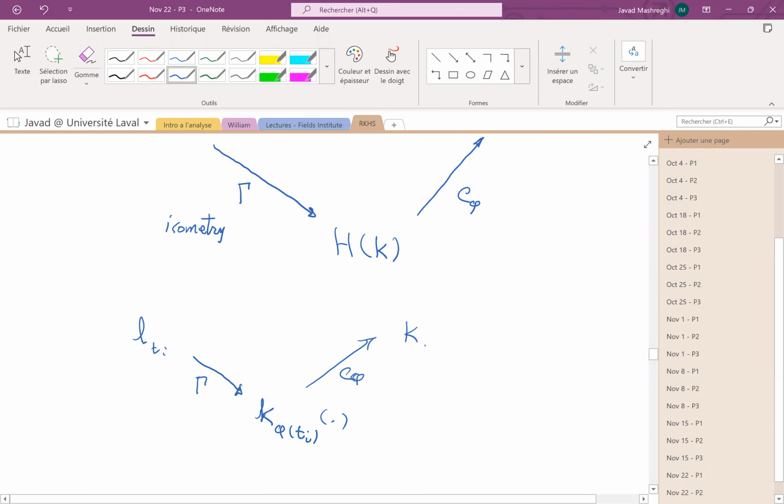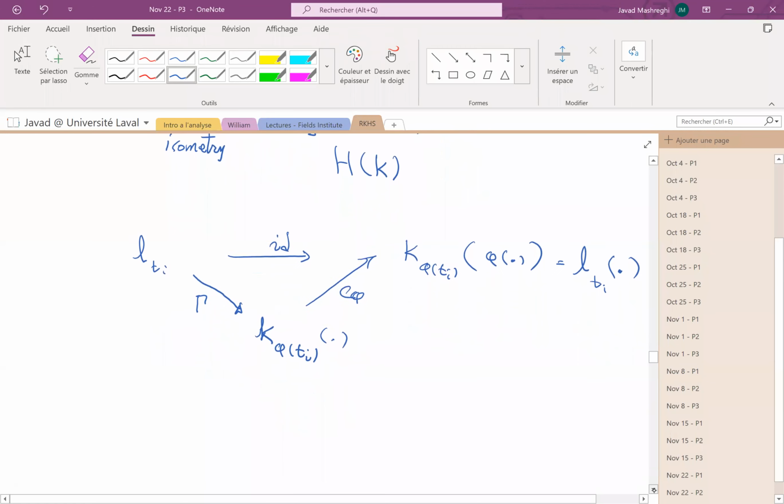So it gives me K at phi Ti, phi of this, which is the same as l at Ti. In other words, I obtained the identity here.